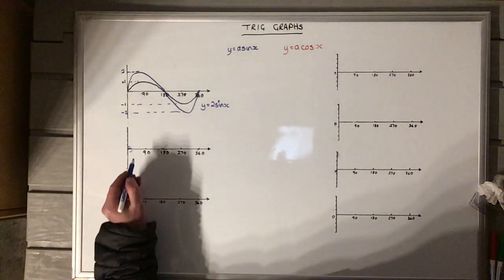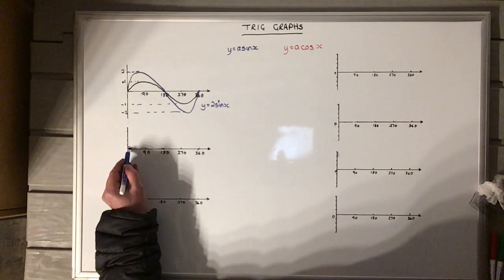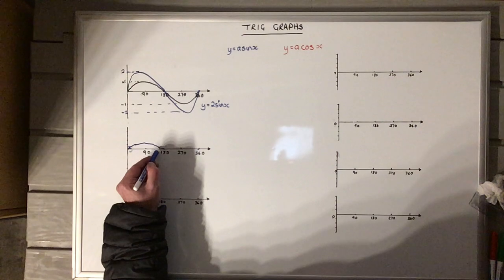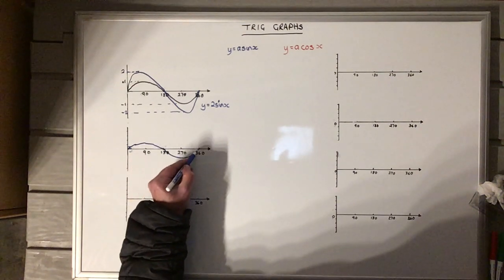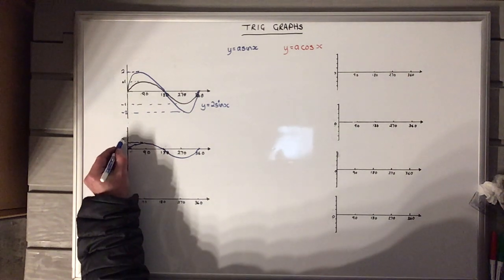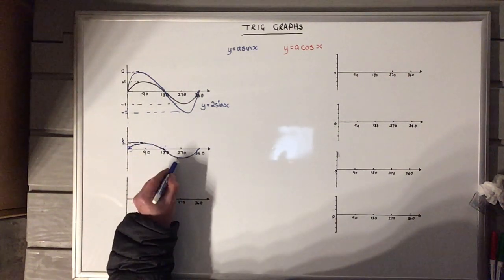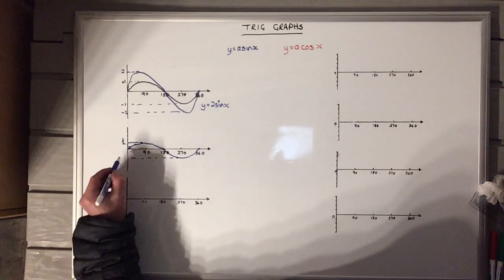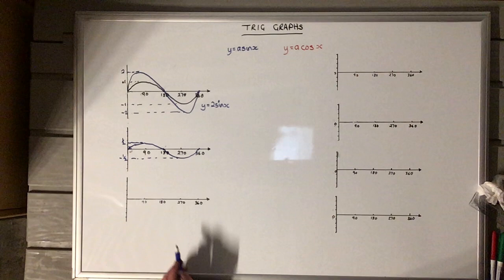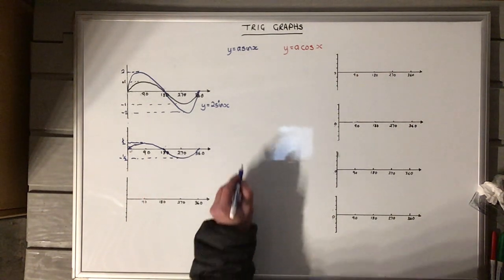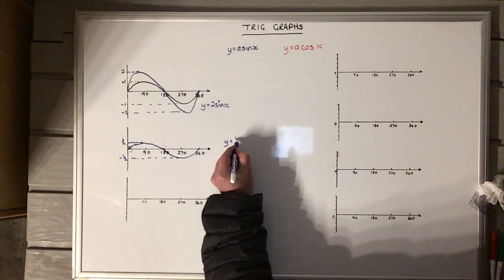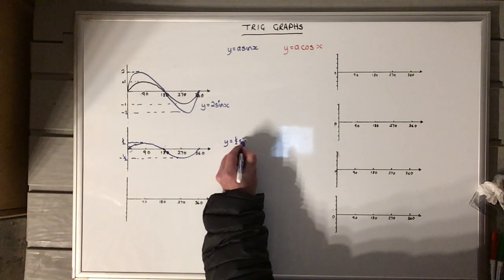So if I make this one smaller, something like that, and say that that value there is a height of a half, and minus a half, then the graph for that one would be y equals a half sin x.